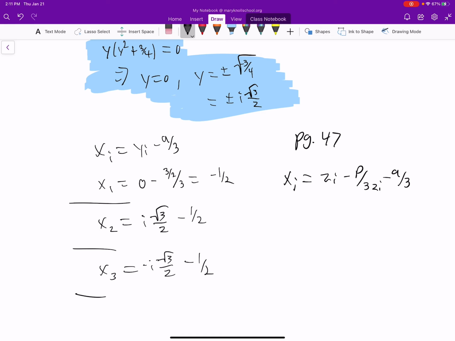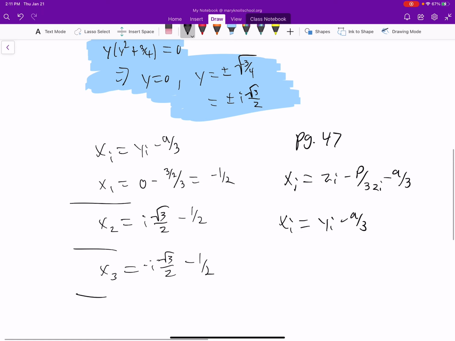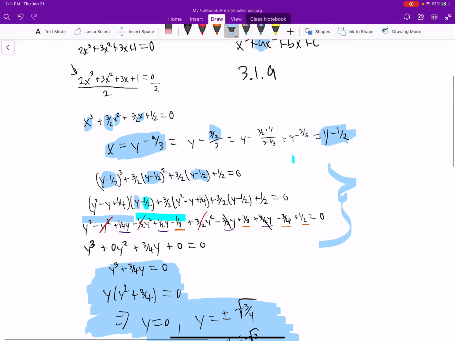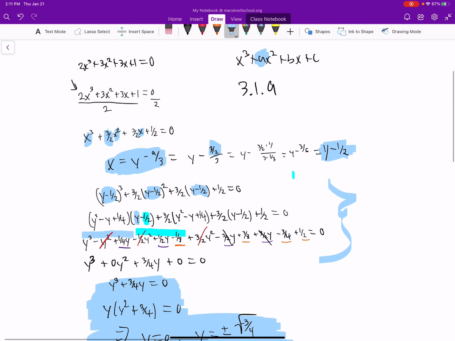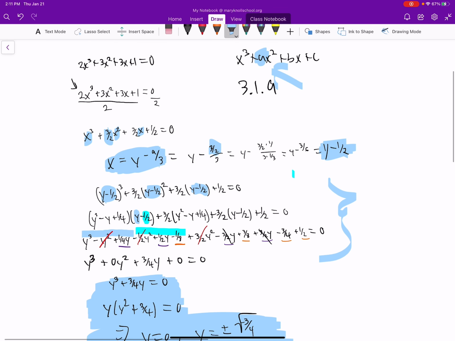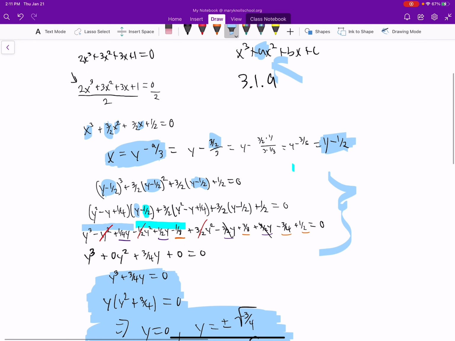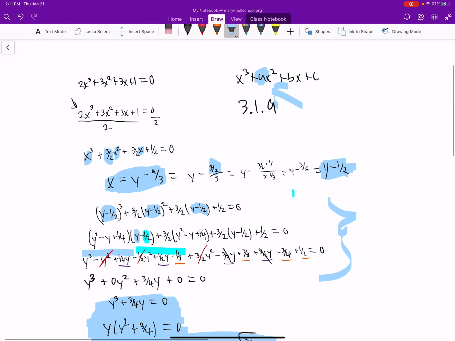Or we can just go straight to xi equals yi minus a over 3. And again, this a is this a right here. Or you can think of it as just this a, which is 3/2.